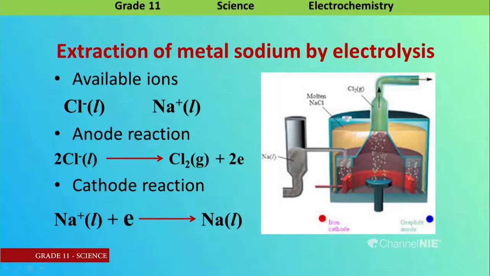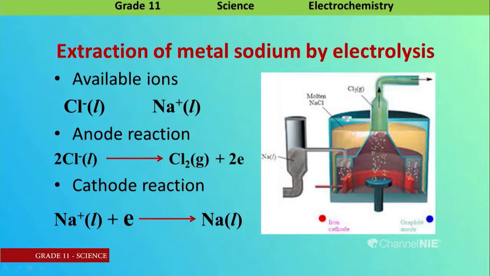This is a cylindrical structure, children. At the corner, the cathode is placed, and from the cathode, molten sodium metal is extracted, right? In this manner, sodium metal is extracted.